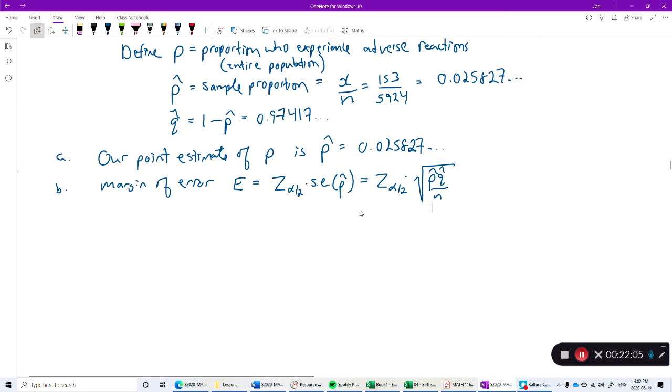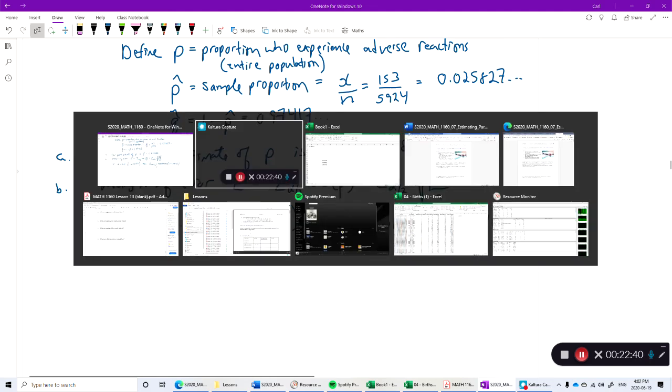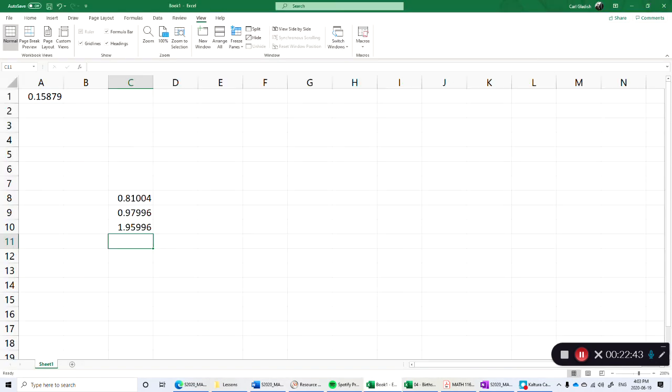Now what is the critical Z value? If alpha is 0.01, which makes 1 minus alpha 0.99, that's what we want, because it says 99%. Then what is the Z score? Z of 0.01 divided by 2 is norm.s.inv of 1 minus 0.01 divided by 2, which should be more than 1.96.